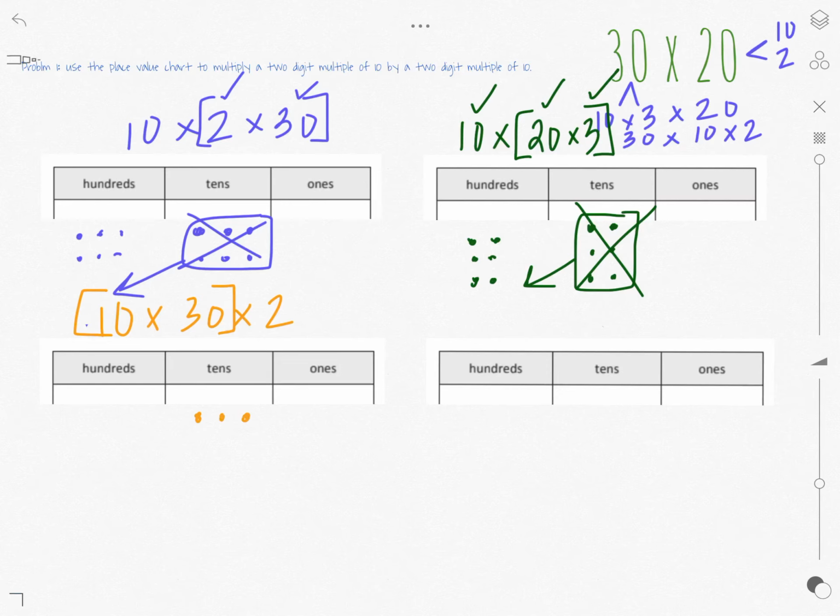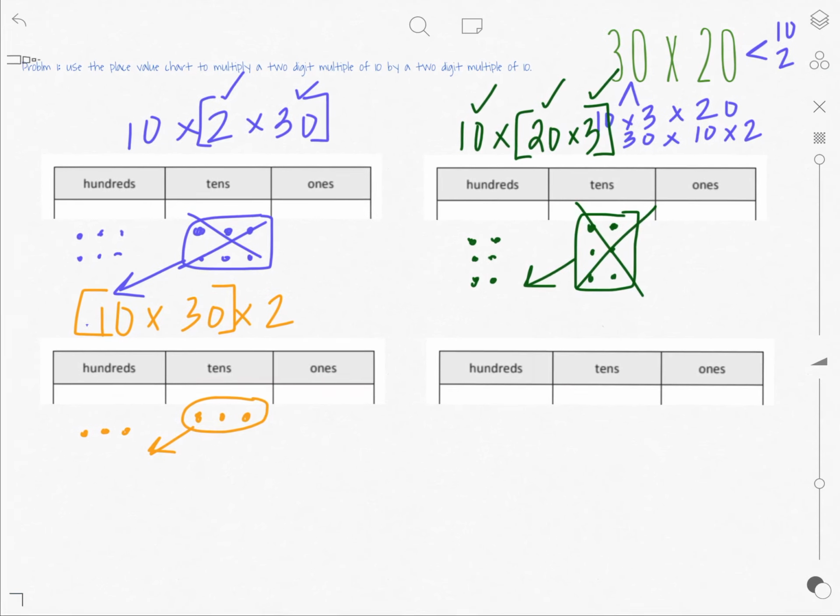But this time, instead of multiplying by 2 and making 2 groups, I'm going to multiply by 10. So I'm going to send it over first and get my 3 in the hundreds. So I showed my 30. I just multiplied by 10 when I sent it over. I sent it over one place value.